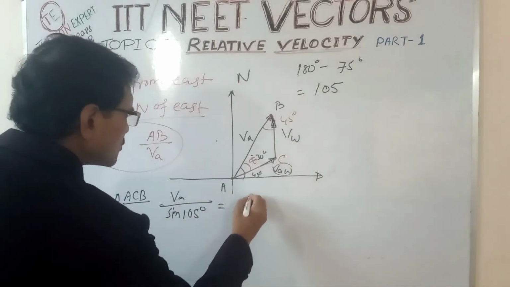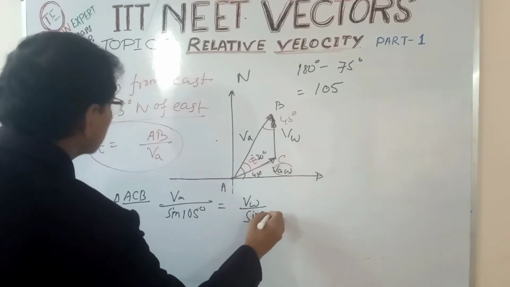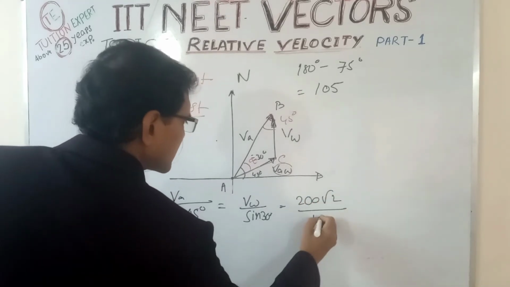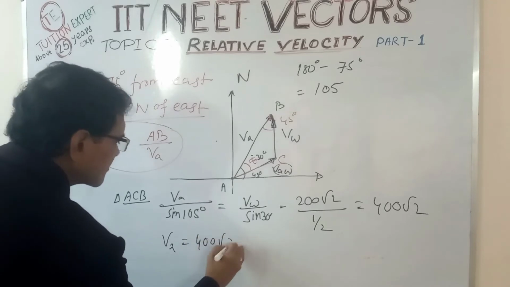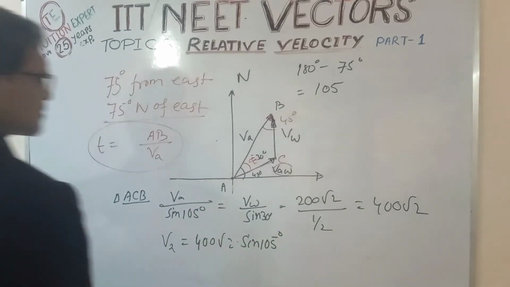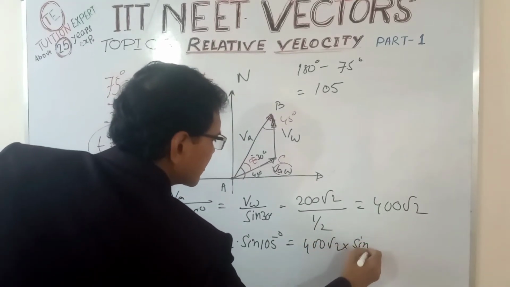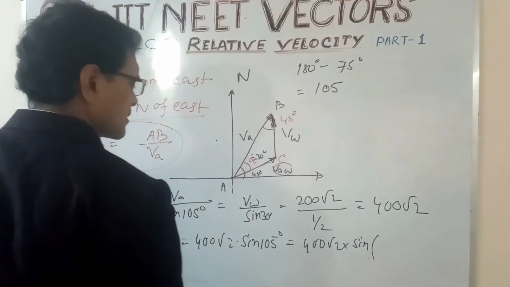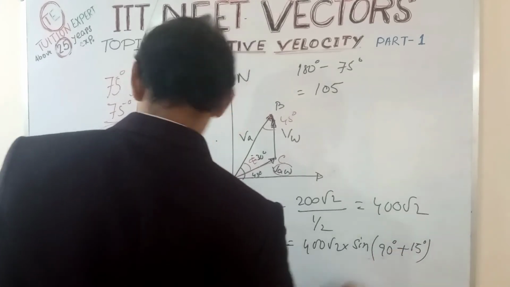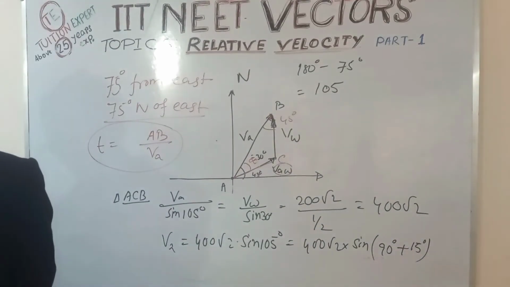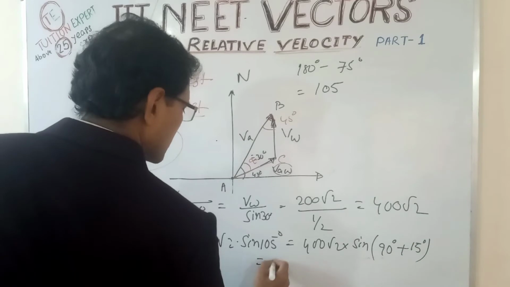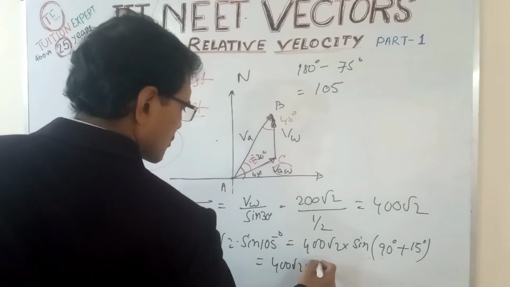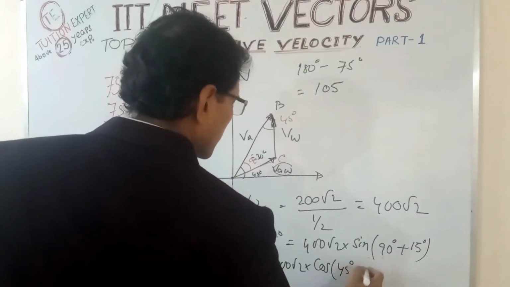equal to VW by this. So VA will be cos 15 degree, cos 15 degree equal to cos 45 minus 30 degree.